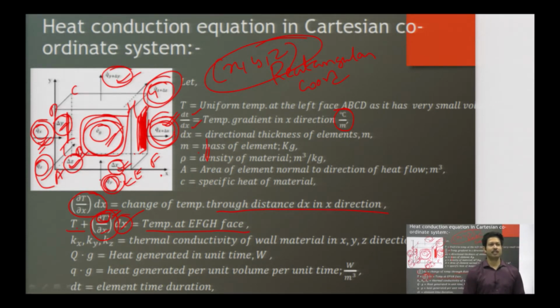Q into G is the heat generated in unit time, in watts. Small q into G is the heat generated per unit volume per unit time, that is watts per meter cube. dt is the element time duration. We will use these particular things and the above block as well in our derivation.